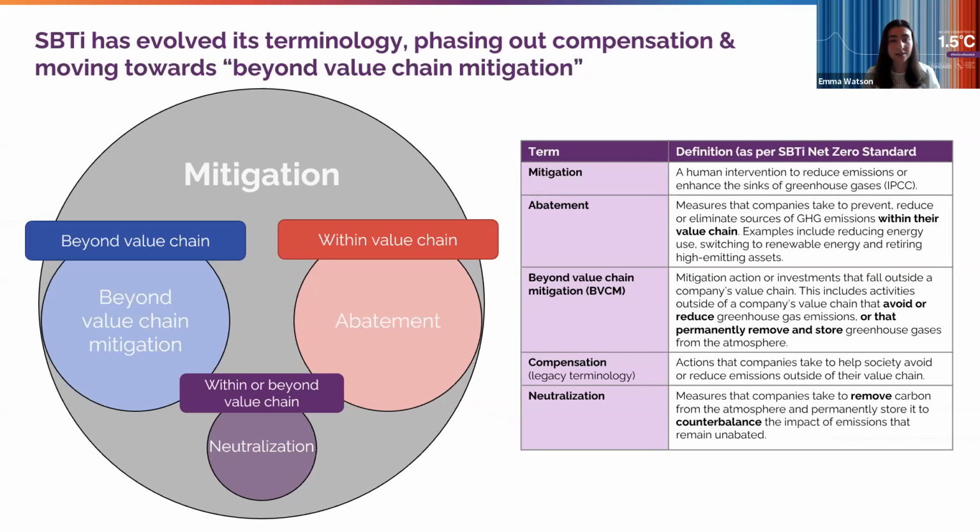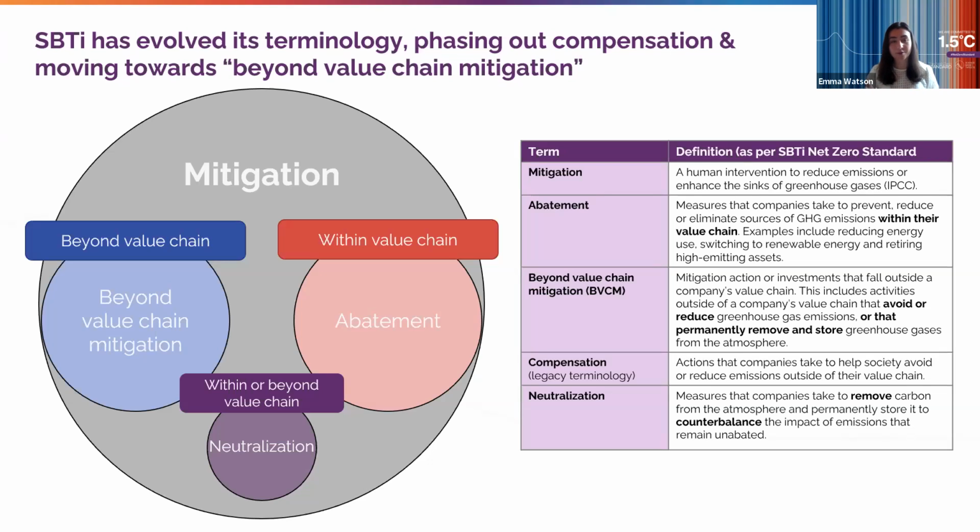And finally, the last term is neutralization. Thinking back again to the 4 elements of a net zero target, neutralization was that 4th element. Essentially, it's the measures that a company takes to remove carbon from the atmosphere and permanently store it to counterbalance the impact of any emissions that remain.